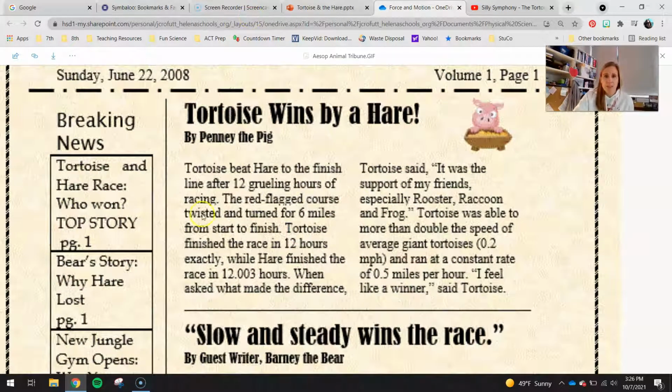Okay, I'm going to go through this in a second and read this with you, but for right now, I just want to point out that this is a little newspaper article. The first article is Tortoise Wins by a Hare. This is going to give you all the information you need to know about what the tortoise's race looked like.